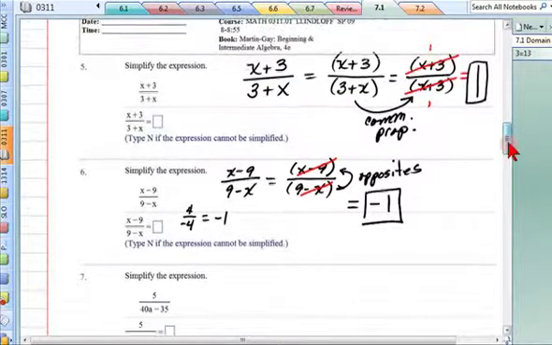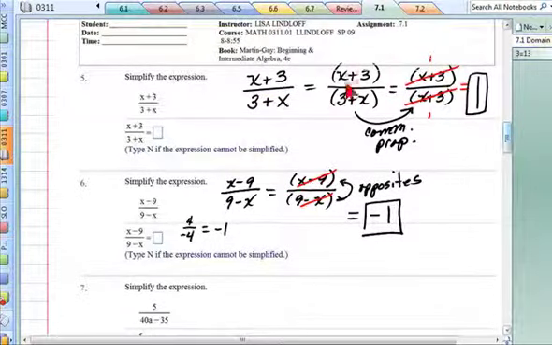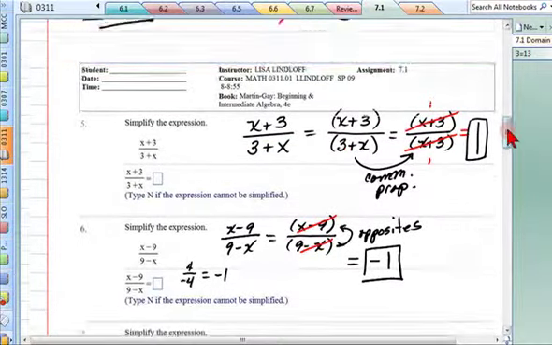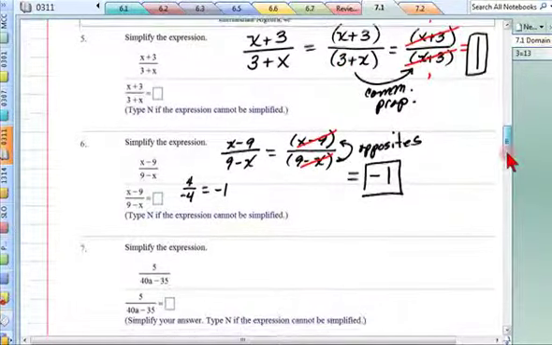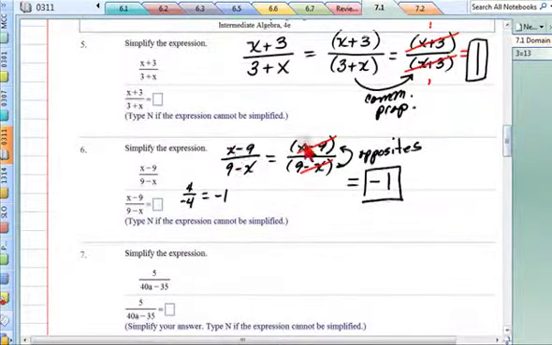No, they were not, but good question. They were in different positions, but take a look at them. The numerator had an x, it was positive, so did the denominator. The numerator had a positive 3, so did the denominator. They were the same. But if I look at this one, the numerator had an x that was positive, but what about the denominator?